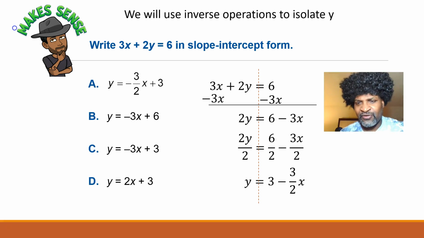Since the coefficient of x is -3/2, that lets us know what our slope is. But the question is actually asking for the entire slope-intercept form, which we do have. So which one of these looks like that? Hope you chose A, because that's exactly what the answer is.